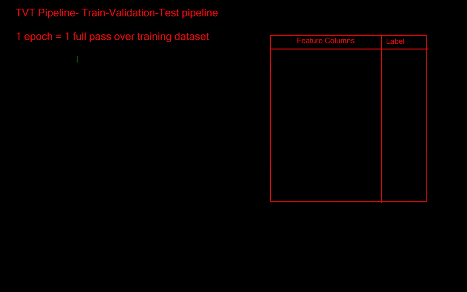So what was the data set split strategy that we have used? First of all, we have divided the data set into a training data set and a testing data set, correct? That's how we have done it in ML.